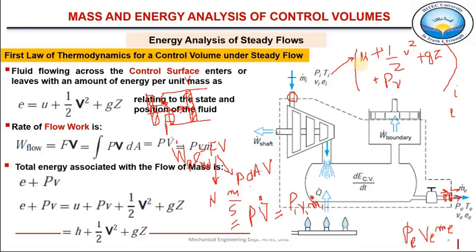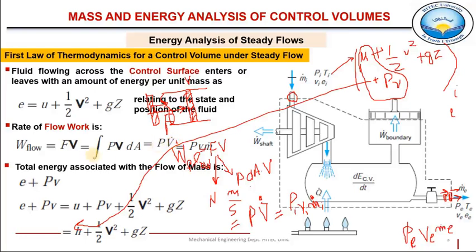So now one more thing here, the energy of the mass. Here we can combine these two energies, internal energy and flow energy, and that becomes enthalpy. So energy of the mass consists of two parts, small e plus flow energy, right? So small e is actually u plus half v squared plus gz. Here bold v is velocity, not volume, and this v with a dot, which is not bold, is volume flow rate.